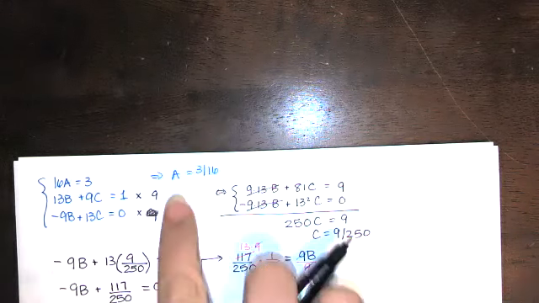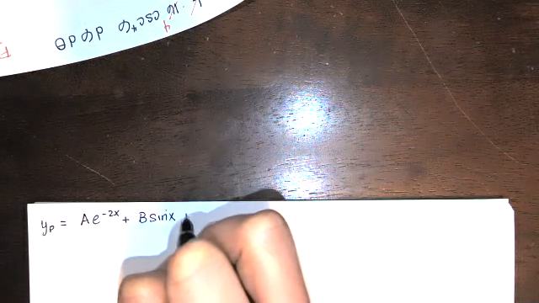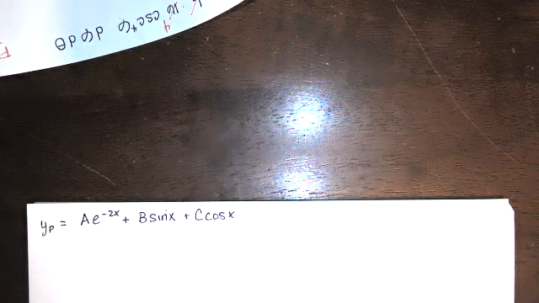Okay, so we've got our a, we've got our b, and we've got our c. Now we just need to substitute into the form of y sub p, excuse me. So y sub p had this form. It was a times e to the negative 2x plus b times sine of x plus c times cosine of x. Remember, that was a choice that we made earlier.